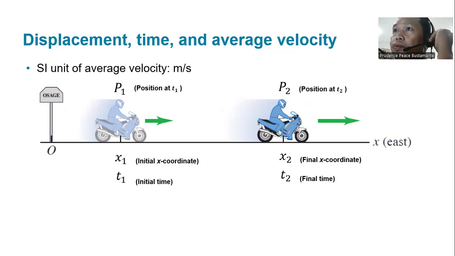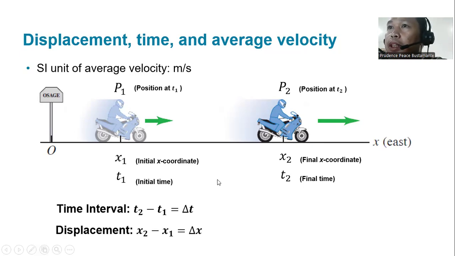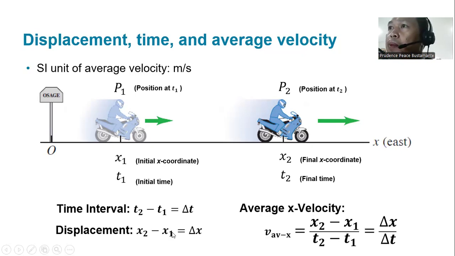The time interval is just equal to the final time minus the initial time, and the displacement is just given by the final coordinate minus the initial coordinate, meaning x2 minus x1.